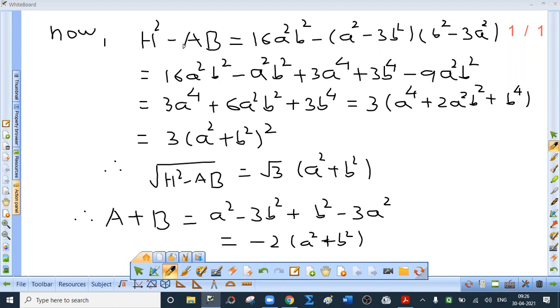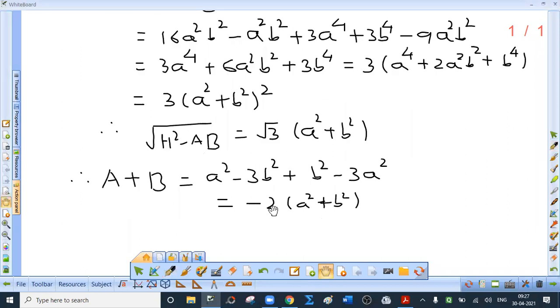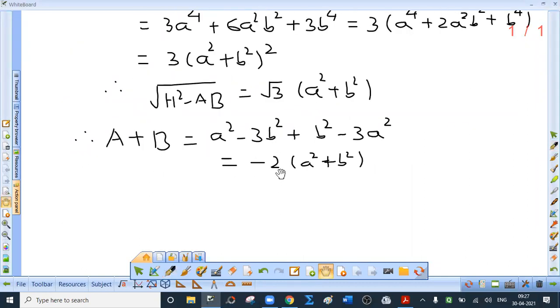So on simplification, h square minus AB comes out to be 3 into square of a square plus b square. So what is root h square minus AB? It is root 3 into a square plus b square. This cannot be negative. So there is no need to write this under modulus. Now what is a plus b? A plus b comes out to be minus 2 into a square plus b square.